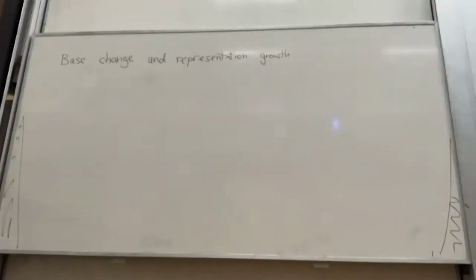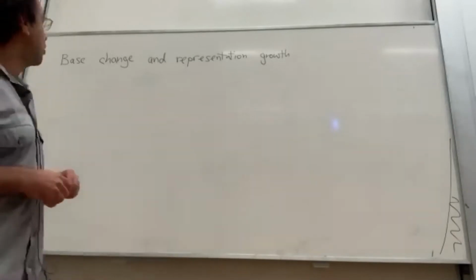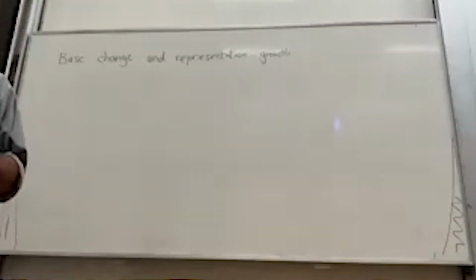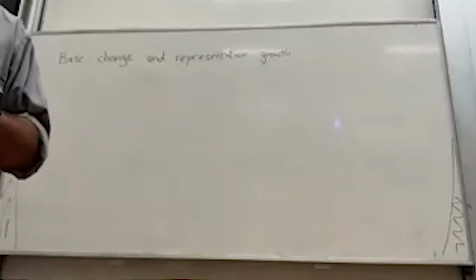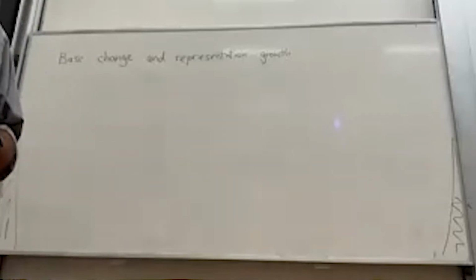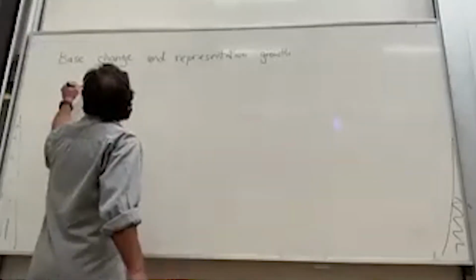So I want to talk today about representation growth, in particular about the base change result in regards to growth of representation growth for arithmetic groups. So let me just set up the notation here.